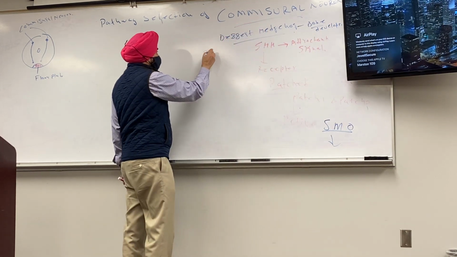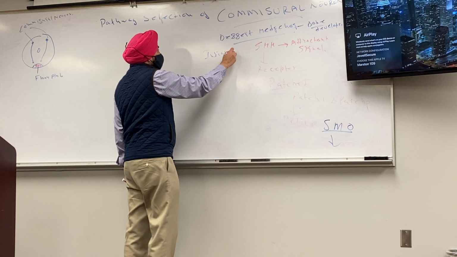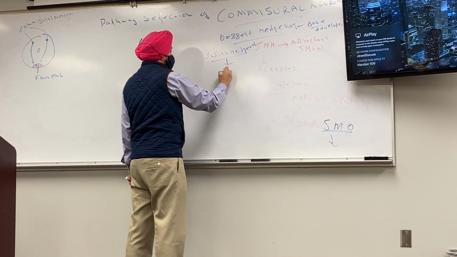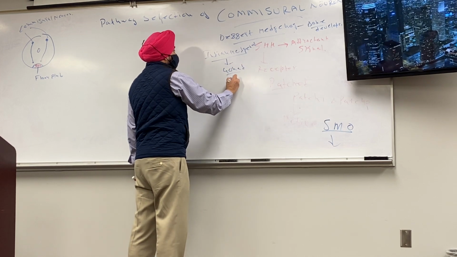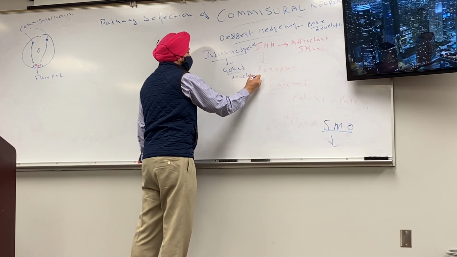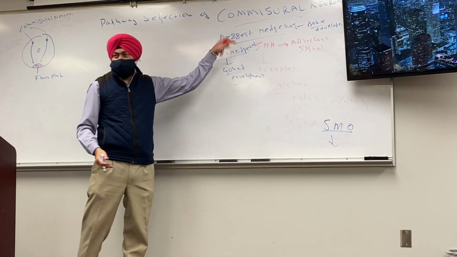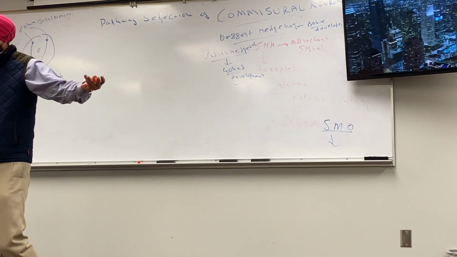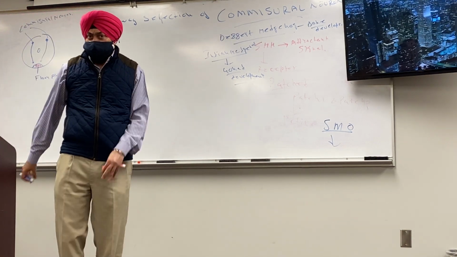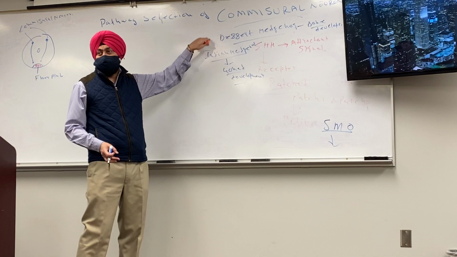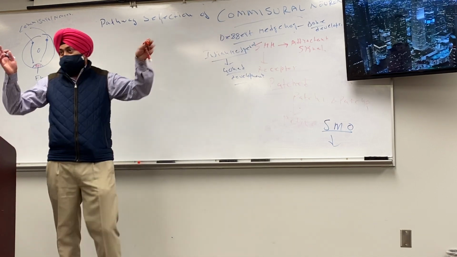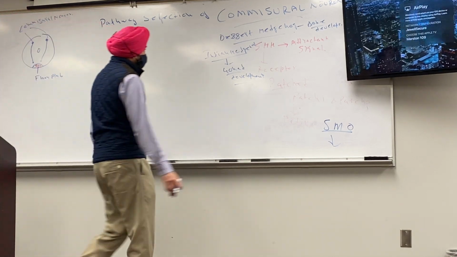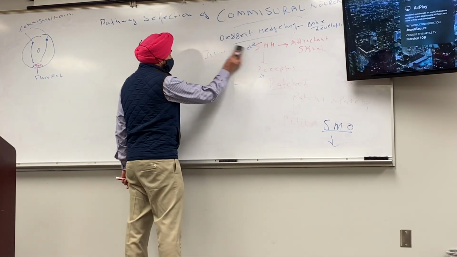Then there is also Indian hedgehog, which is in gonad development. Sonic hedgehog is mainly in the nervous system, so we are talking about sonic hedgehog. Just wanted to give you these names so that if some exam asks you, you know that there are 2 other signals also, desert hedgehog and Indian hedgehog.